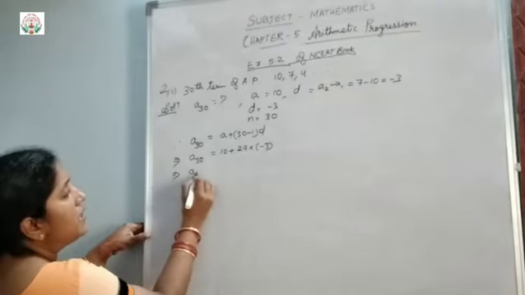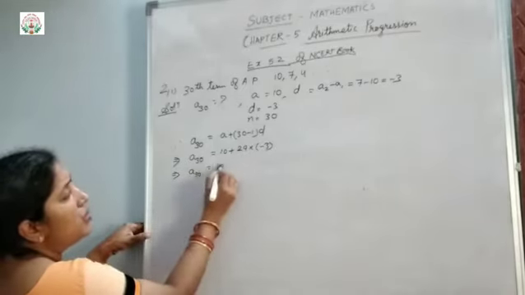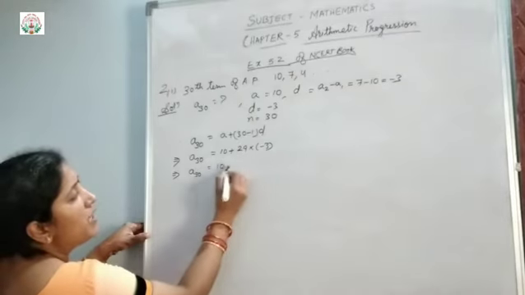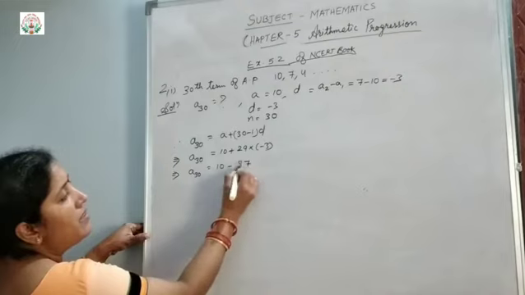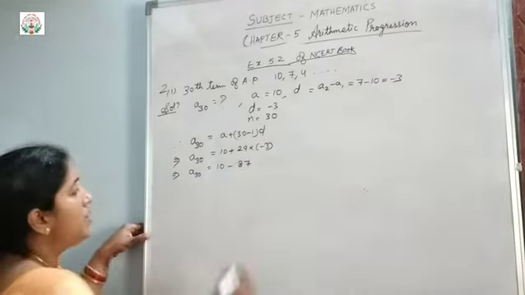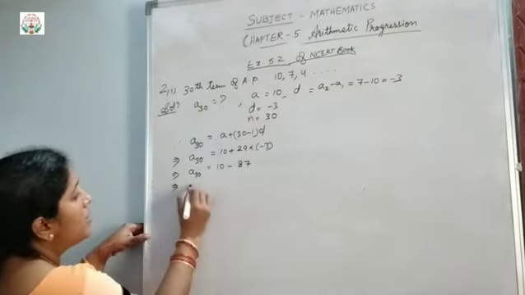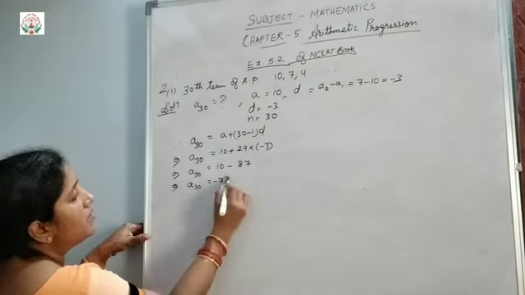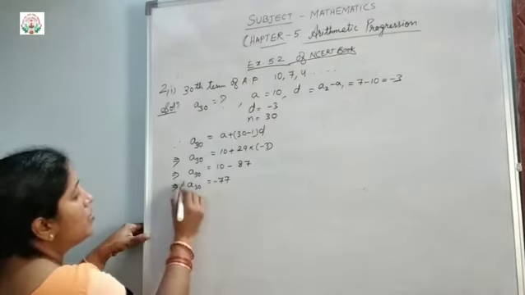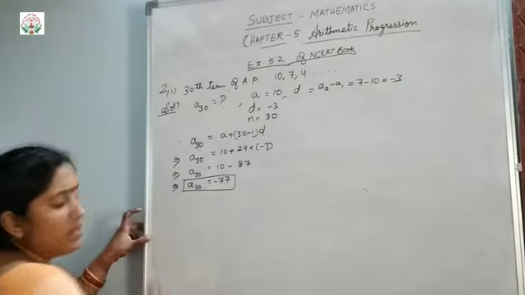So A30 will be equal to 10, and plus into minus will be minus, 87. Now on subtraction what you get? A30 will be equal to minus 77. So this will be the answer.